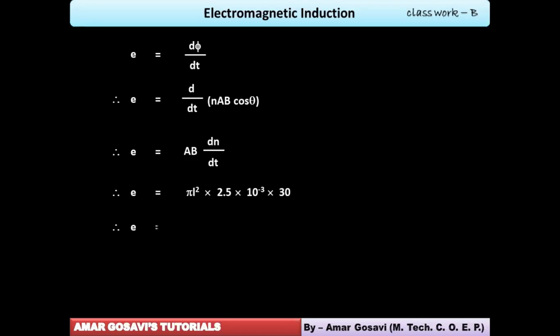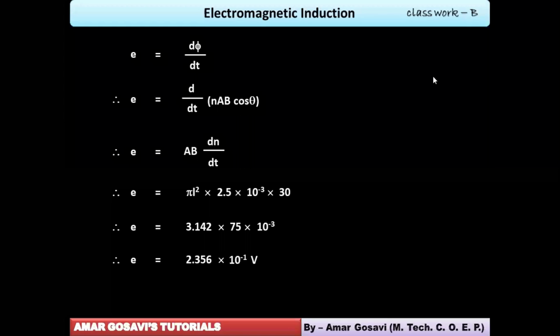So put all these values in and substitute, and you ultimately get this answer as you can see. This gives us the value for EMF as 2.356 into 10 raised to minus 1 volt.